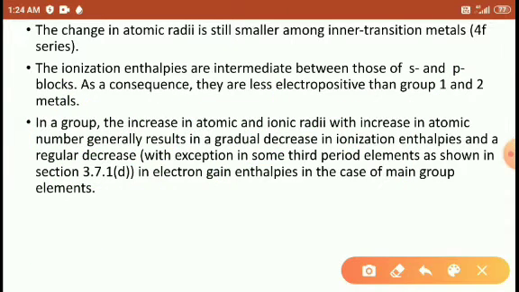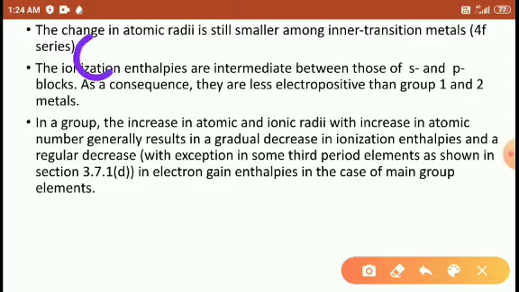In a group, the atomic and ionic radii increase with increasing atomic number, and the ionization enthalpy gradually decreases. There is also a regular decrease in electron gain enthalpy in the main group elements.